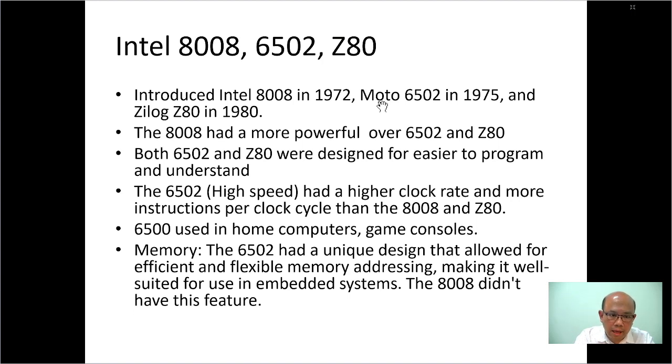When comparing the power, the 6502 and the C80 and the 80X differ. The 6502 runs at a high clock rate and does more instructions per clock than the C80 and 80X.